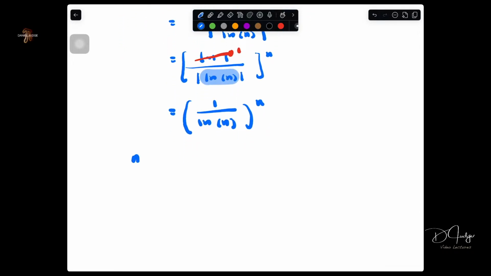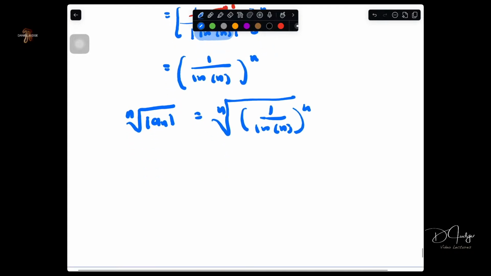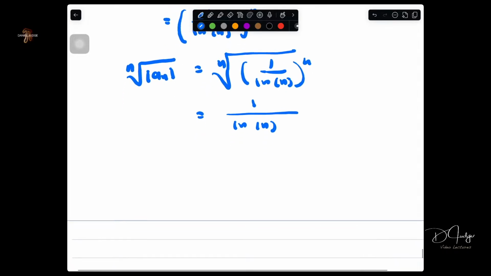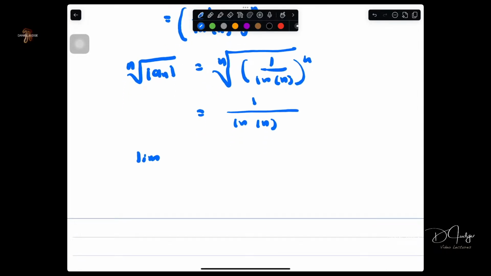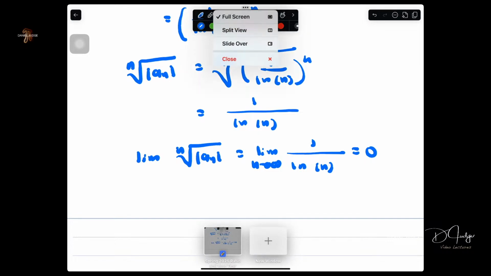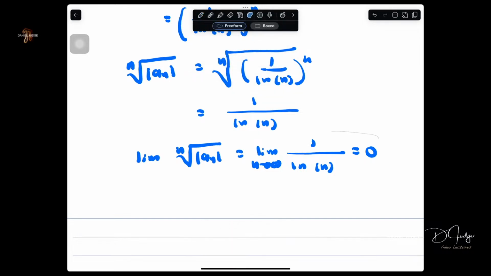So now when you take a look at the nth root of the absolute value of an, that's the nth root of 1 over the natural log of n raised to the nth, which is 1 over the natural log of n. So as we take the limit now of the nth root of the absolute value of an, that's the limit of 1 over the natural log of n, and this equals 0, because your denominator is going to infinity.